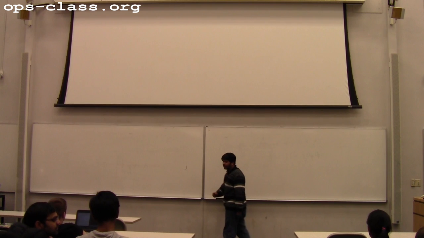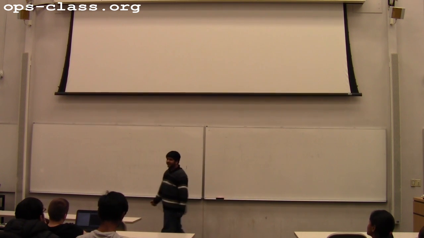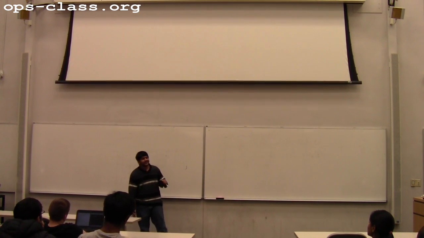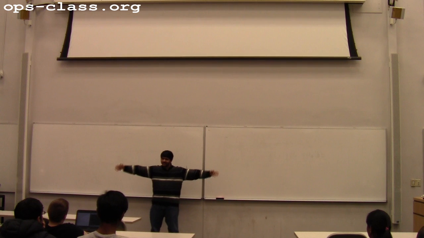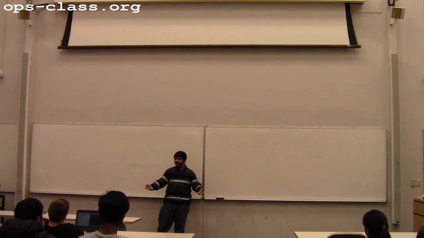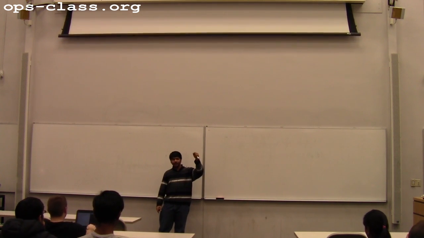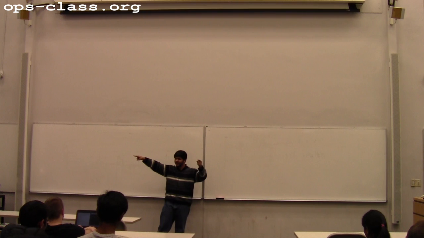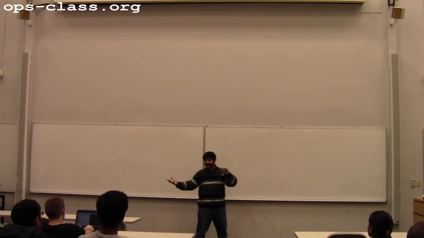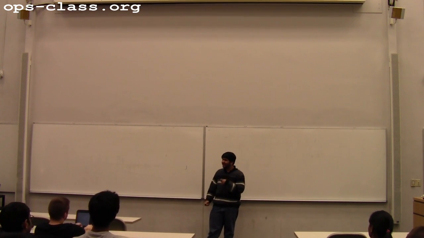Okay, so you can think of the file table as something similar to an array of file handles, right? It's a table, where you have a notion of a key into that table, and you have values. And the values are basically the file handle. The key is the file descriptor.